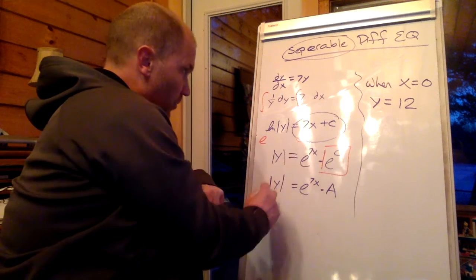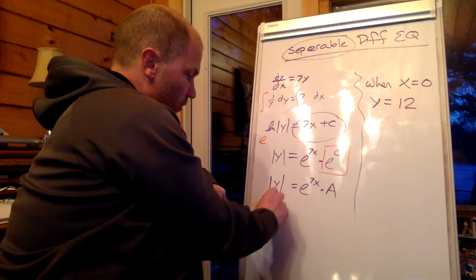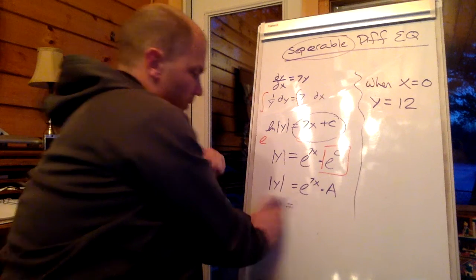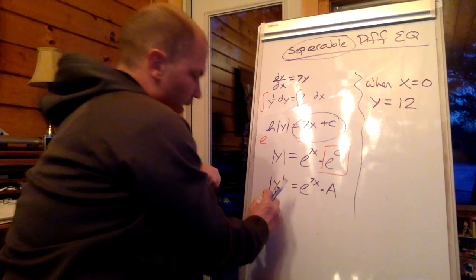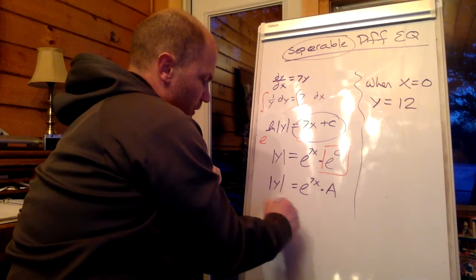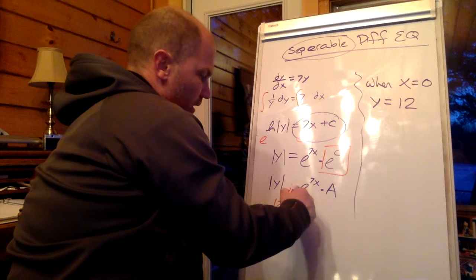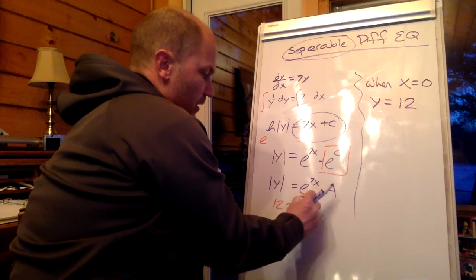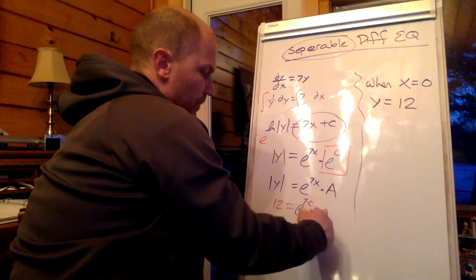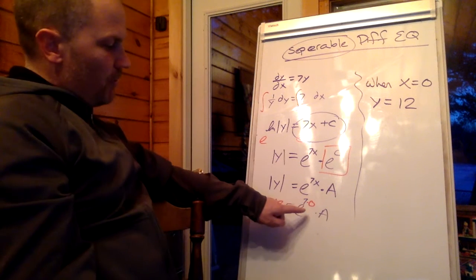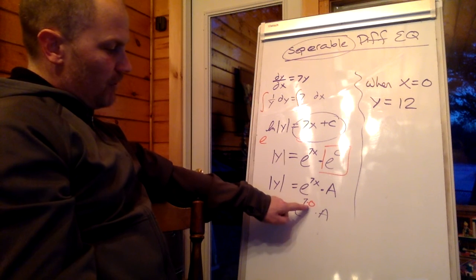So we would have 12, the absolute value of 12, well that's 12, equals, and let me just do it in a different color so you can see what I'm plugging in, 12 equals e to the 7 times 0 times A. Well, 7 times 0 is 0. Anything to the 0 is 1.